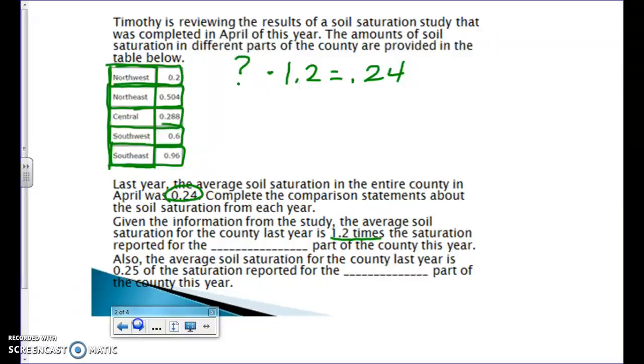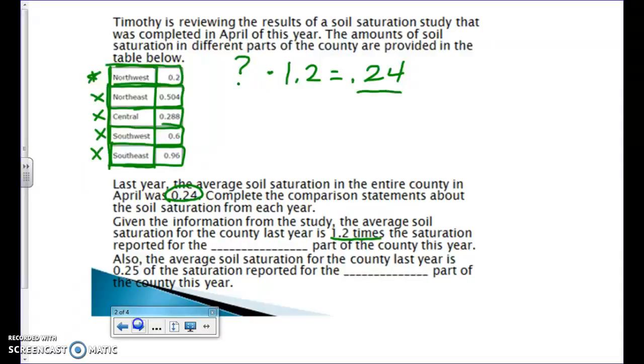So what number is a little smaller than 0.24, that's going to get a little bigger when I multiply it by 1.2? Well, we're in luck, I think, this time, because I know if I take 0.2 times 1.2, it should get a little bigger. So it might be close to 0.24, so I might try that one. However, 0.5 is already bigger than 0.24, so I know that's probably not a good one to try. 0.288 is already bigger than 0.24, so that's probably not a good one to try. 0.6 is already bigger than 0.24, and 0.96 is already bigger than 0.24.